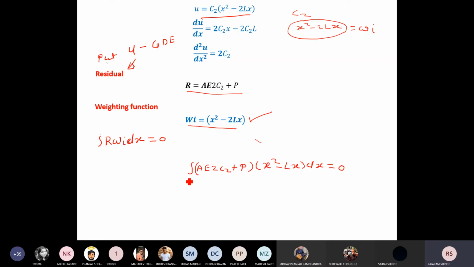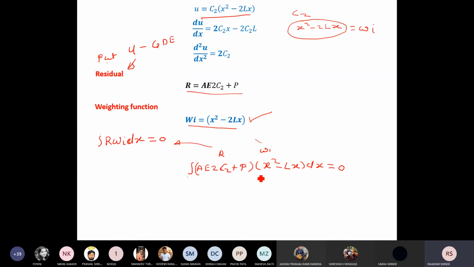Here limits are from 0 to L, not necessary to go for the limits because it will give direct solution. Now see here, this is your R, and this one is your Wi. According to Galerkin method, we have integrated that product over the domain and equated with 0.